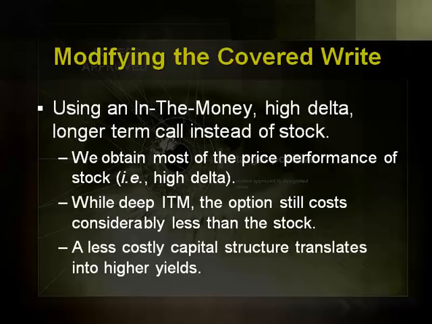All right, so we're going to use an in-the-money, high delta, longer-term call option instead of the stock. What this does, because it has a high delta, and when I say a high delta, I mean something with a delta of 0.80 or better, we're going to capture 80+% of all price movement.